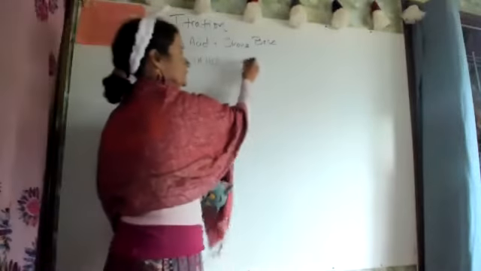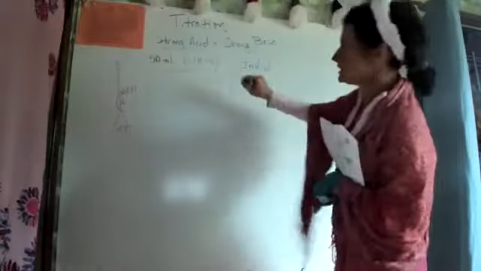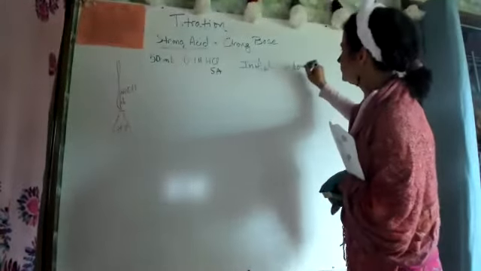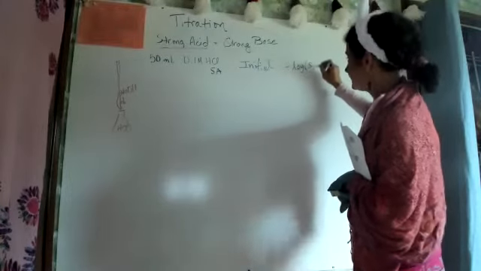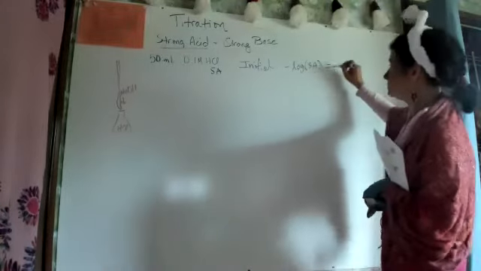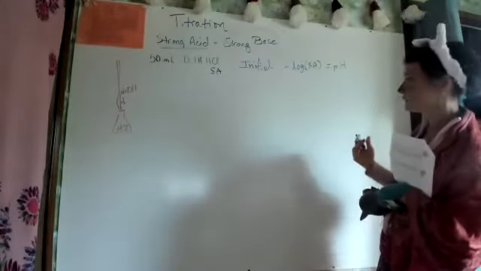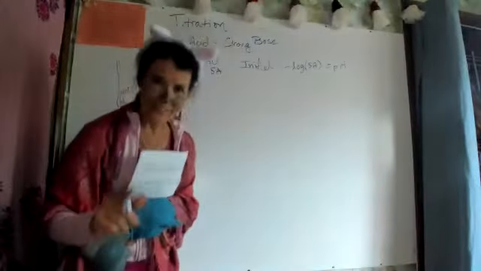So initial is just the HCl, and since this is a strong acid, you can just do negative log of the strong acid, and that equals your pH, because strongs completely dissociate. That's probably not going to happen on your homework.